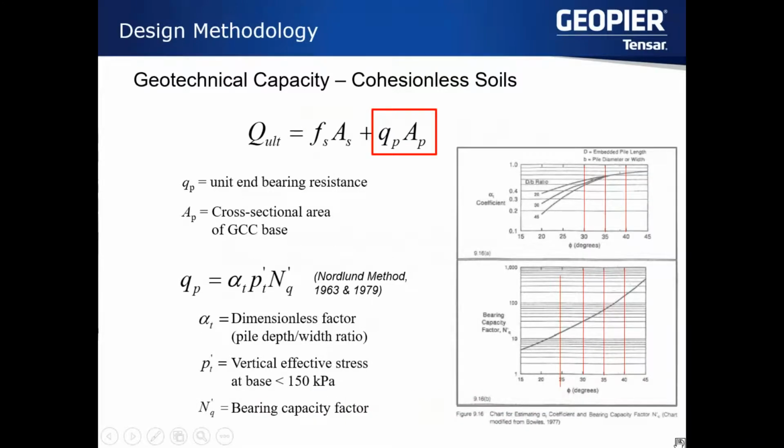And our end bearing component is really where we get the majority of our capacity for elements such as these. So here we're calculating a unit end bearing resistance, in this case for cohesionless soils, and then we'll select our alpha coefficient and bearing capacity factor based on the friction angle of the bearing layer.